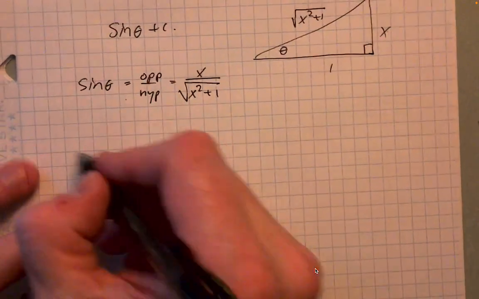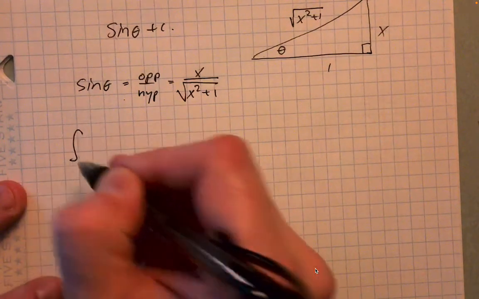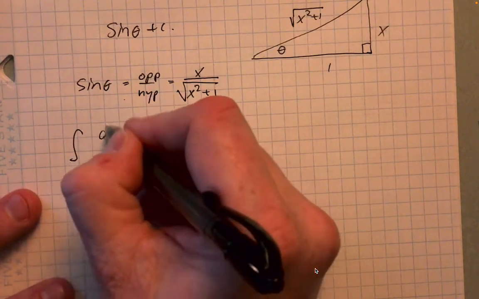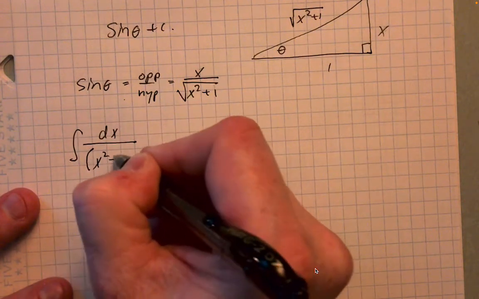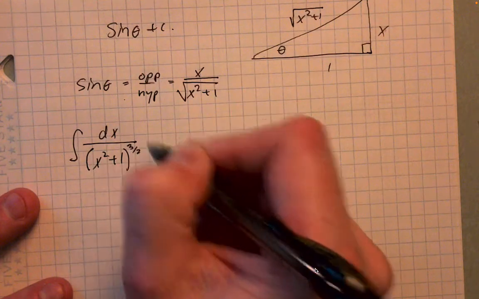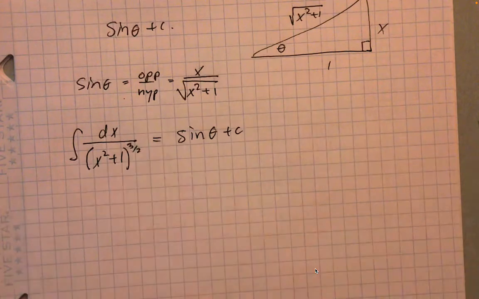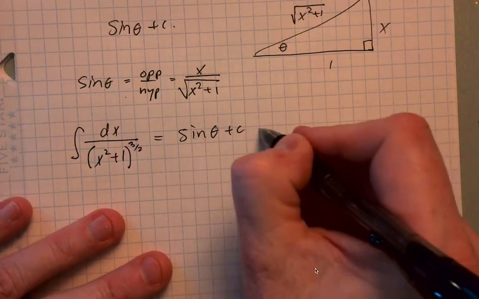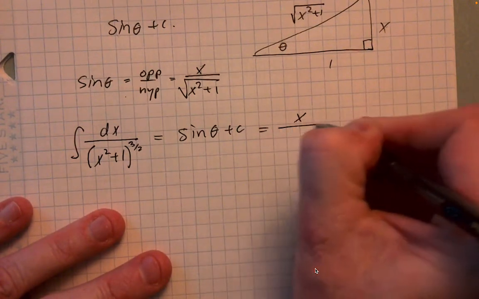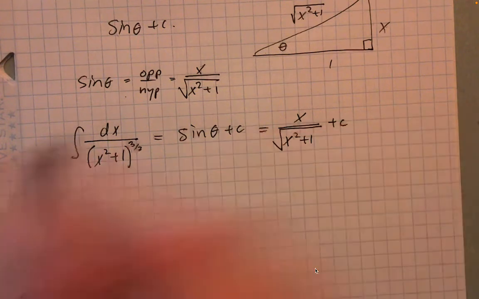Drop it in here. And so ultimately, what have we discovered here? Well, we discovered that this integral of dx over x squared plus 1 to the 3/2 power is equal to sine of theta plus c under this particular substitution scheme, and that this sine theta is the same as x over the square root of x squared plus 1, like so.